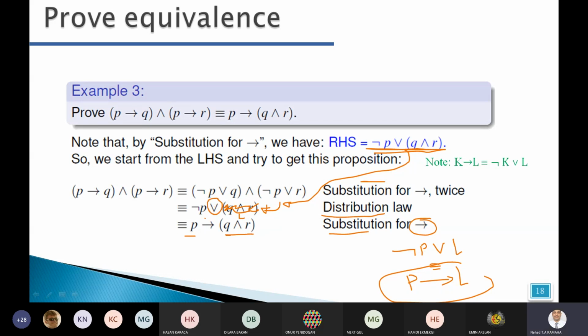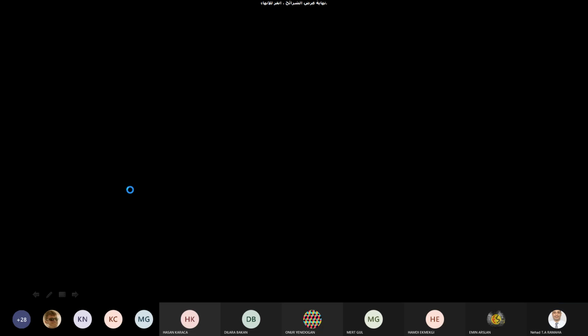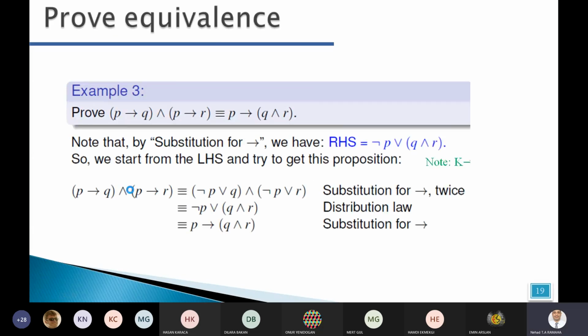So OR becomes implication, and we remove the negation from the first part. And that's all we need. This is the right-hand side. So we reached from the left-hand side to the right-hand side, then it's done and it's proved.